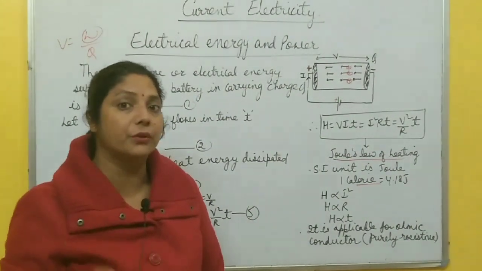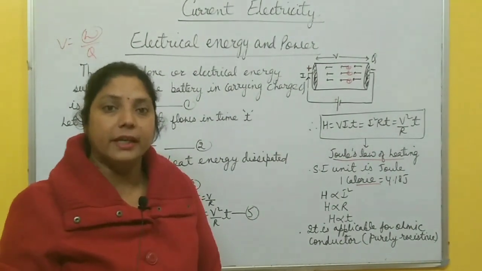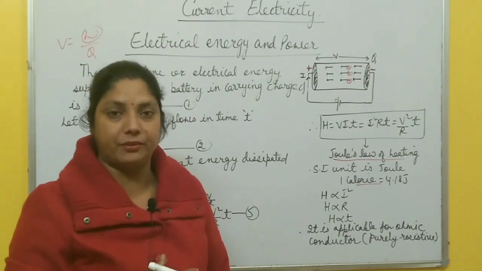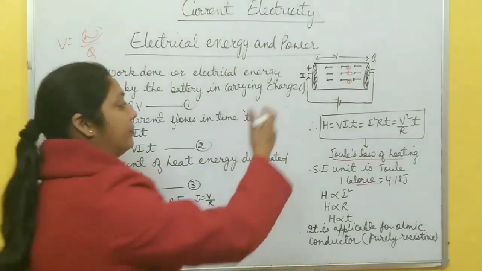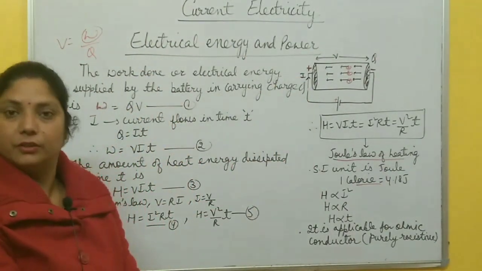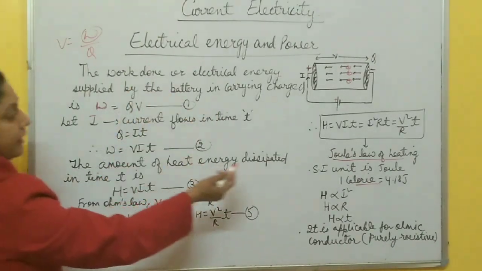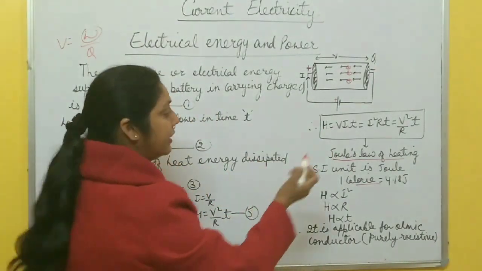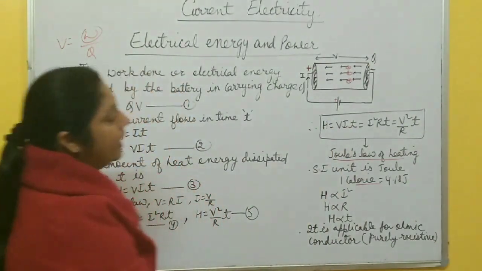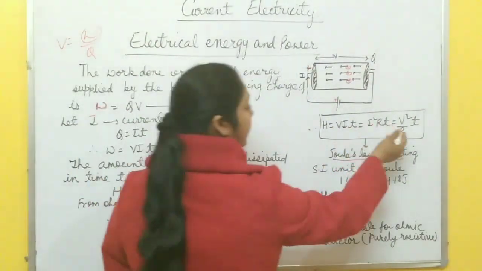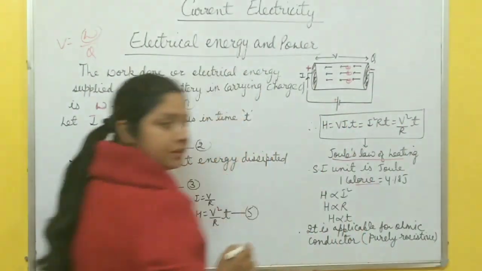If the circuit is purely resistive, then the whole amount of electrical energy supplied by the battery or cell is used as heat energy. So this is about electrical energy, which is converted into heat energy inside the conductor. The expression is H equal to V I t equal to I square R t equal to V square by R t. You must remember all three forms.